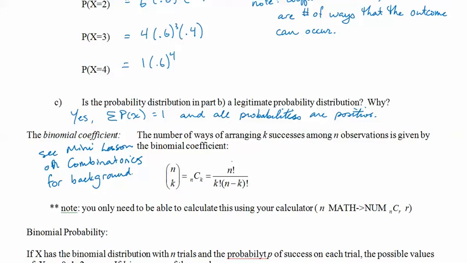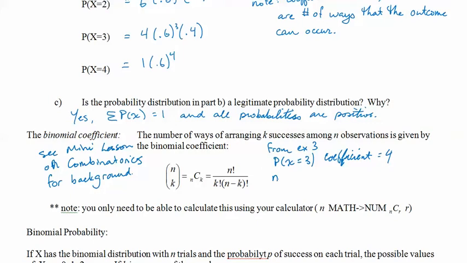So if we look at example 3 again, what we did in example 3, if we look at the probability of x equals 3, we had a coefficient that was 4.